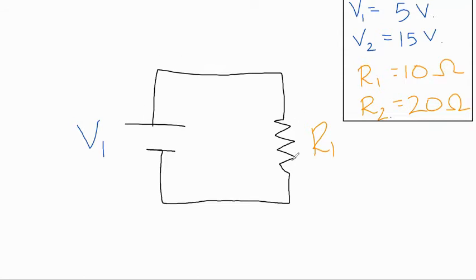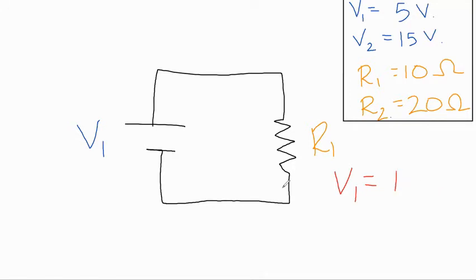If I were to ask you what is the current going through this circuit, we would just be able to use Ohm's law and say that V1 is equal to I times R1.